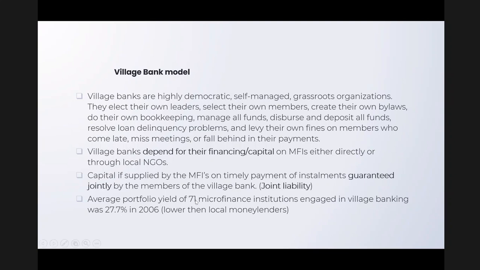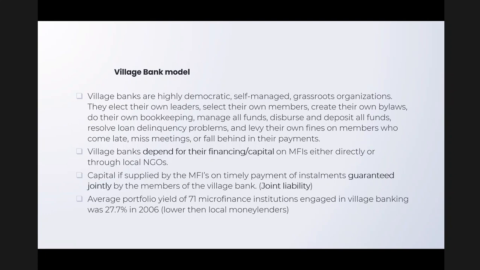The average portfolio yield of 71 microfinance institutions engaged in village banking was 27.7% in 2006, lower than local money lenders. So the rate of interest charged by the village bank model is around 27.7%.